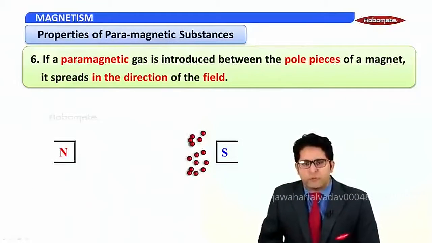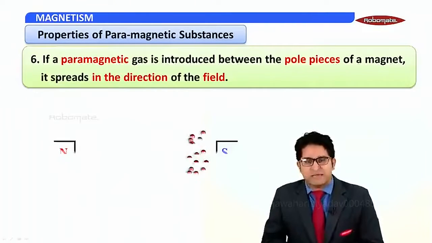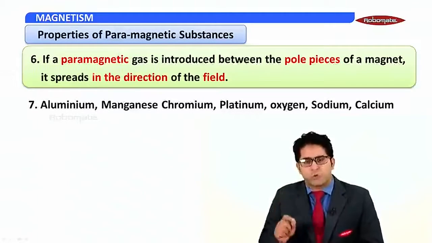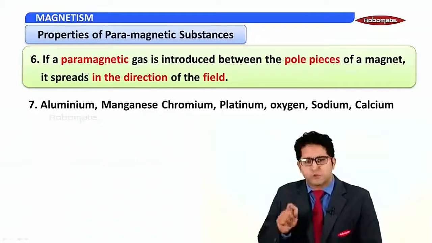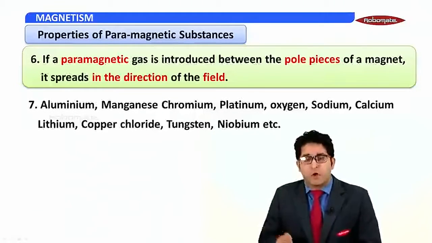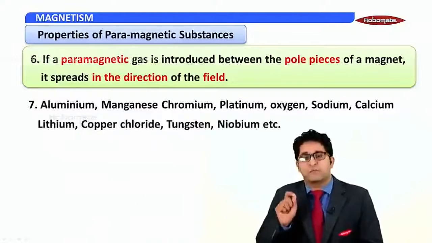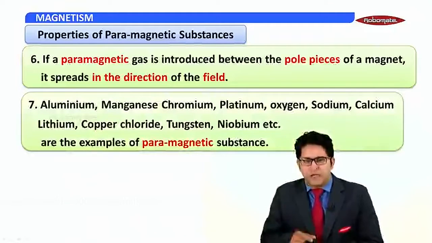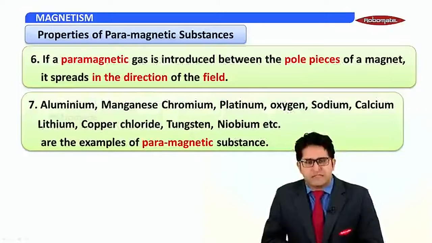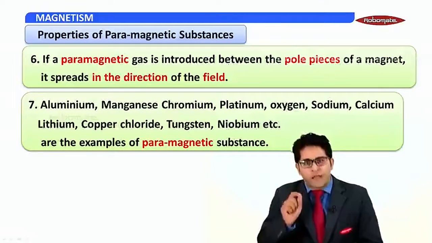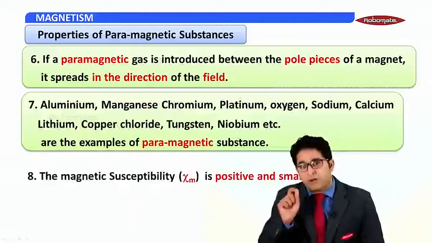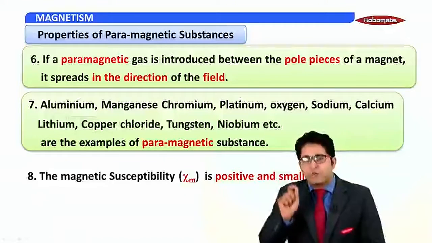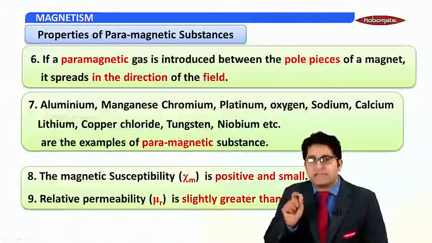These were a few properties of paramagnetic substances. Let us see the examples. The different examples of paramagnetic substances are aluminium, manganese, chromium, platinum, oxygen, sodium, calcium, lithium, copper chloride, tungsten, niobium, etc. As far as magnetic susceptibility is concerned, the magnetic susceptibility of a paramagnetic substance has small but positive values, and as a result, the relative permeability of a paramagnetic substance is slightly greater than 1.